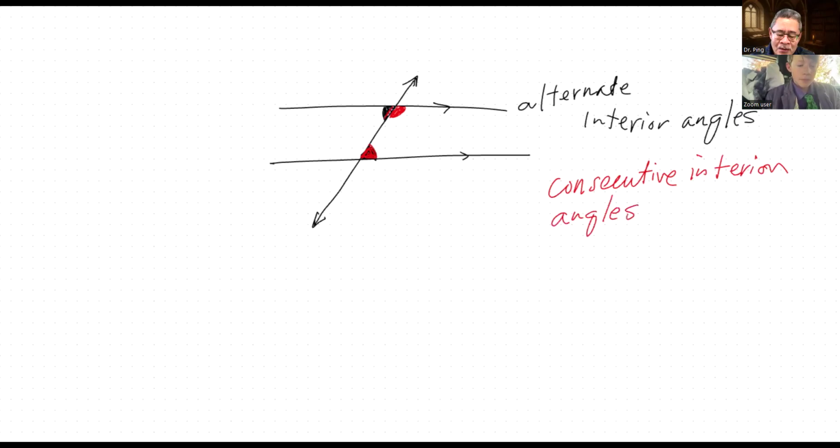And what is a property here? If the two lines are parallel, what's the relationship of those two consecutive interior angles?